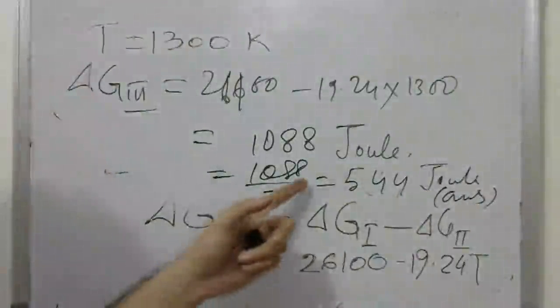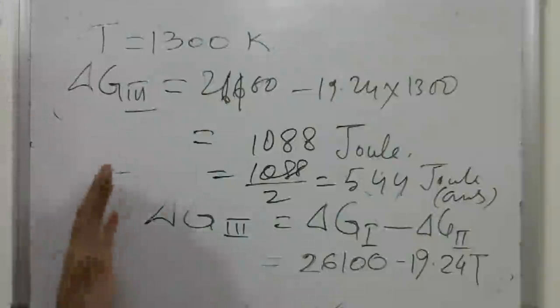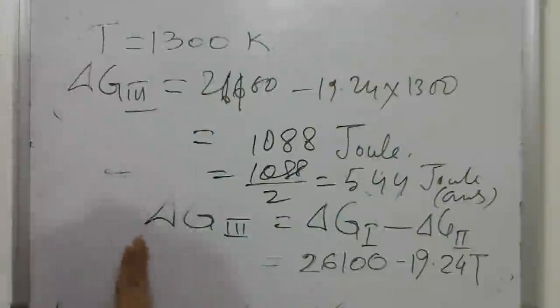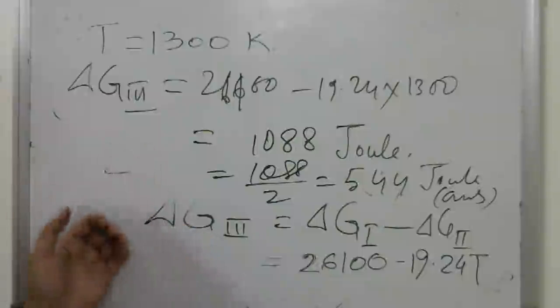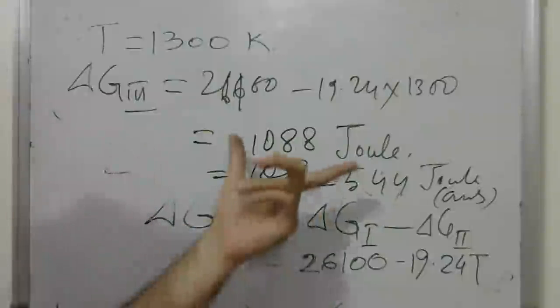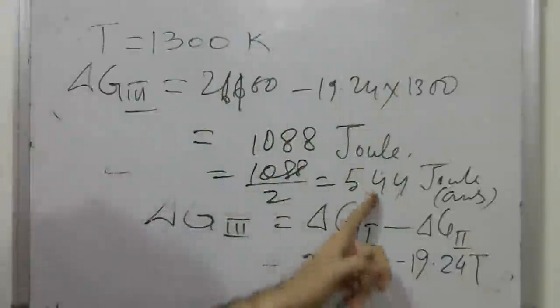Right? 1088 by 2, 544 Joule. So what we have done is taken two equations, rearranged and combined them to form a final equation which only involves copper solid and liquid. For that purpose we did a subtraction, 1 minus 2. Get your equations like this, plug the temperature into that equation, and find the free energy change.